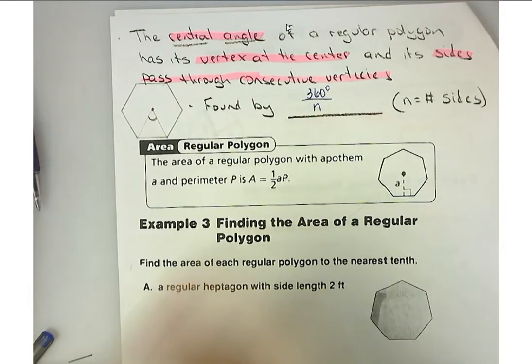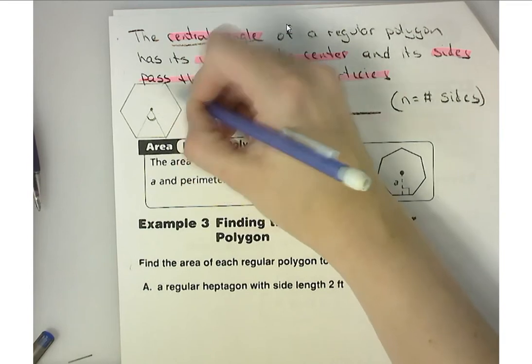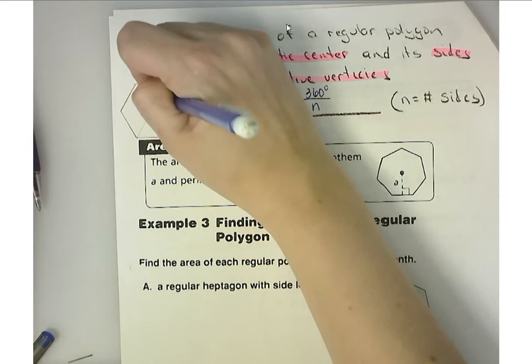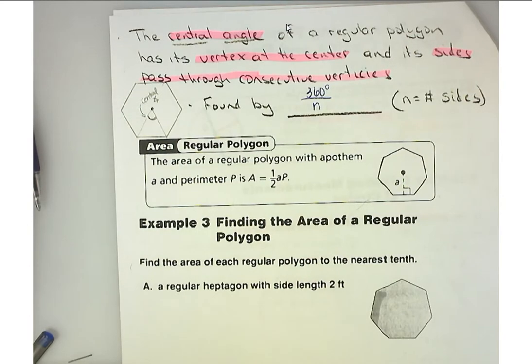And really every single one of these would have this central angle. So there would be 6 different central angles. I'm just showing you one of the 6.